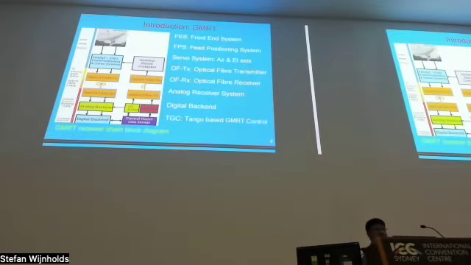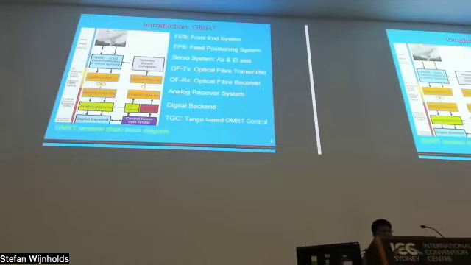So this is about the GMRT receiver chain. First, it has a front-end system which converts the electromagnetic waves into an electrical signal. Then there is a feed positioning system which has a 0.5 HP motor to rotate and point the feed to one of the 4 feeds: band 2, band 3, band 4, band 5.